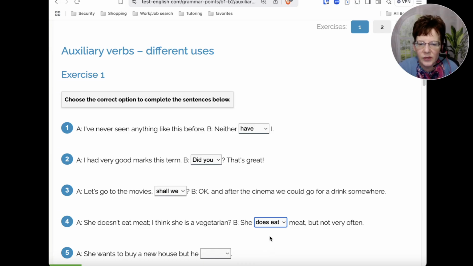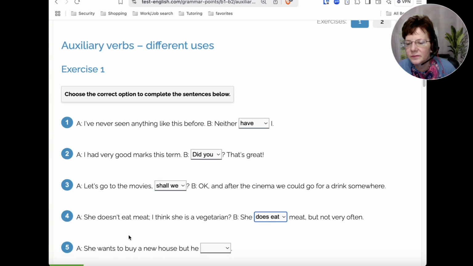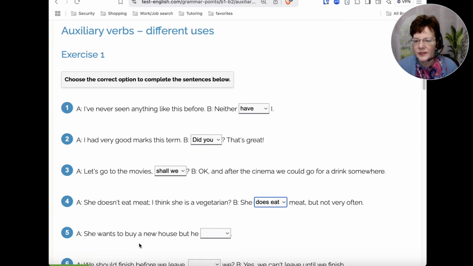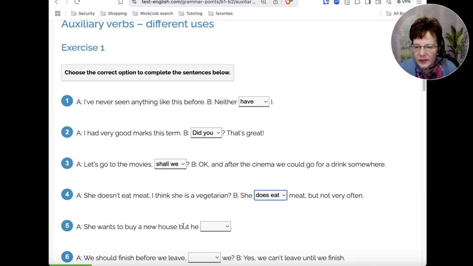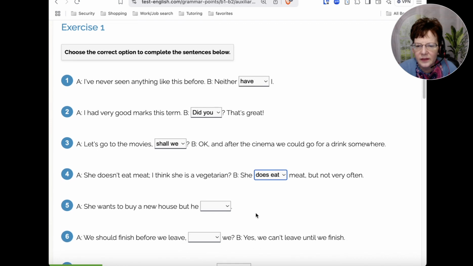So we're using do for emphasis. All right, one more here. She wants to buy a new house, but he, so we have but, so you're going to see that there's disagreement. Does, doesn't, or isn't. If you chose the middle one, doesn't, that would be correct.